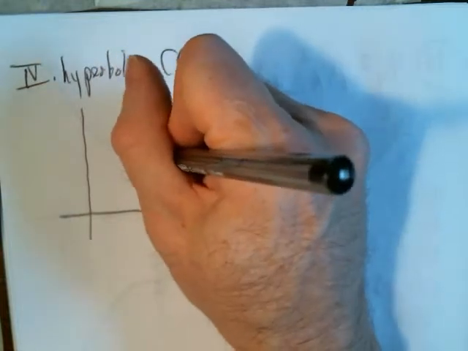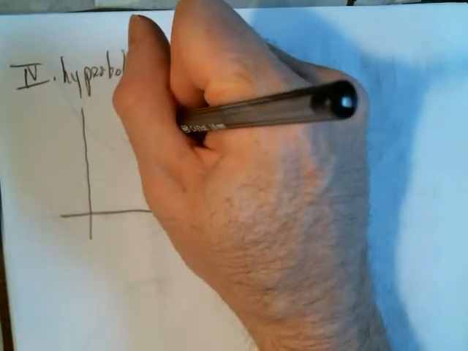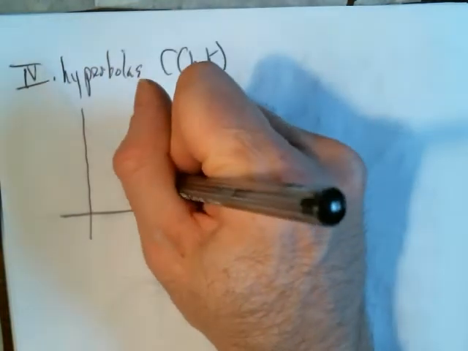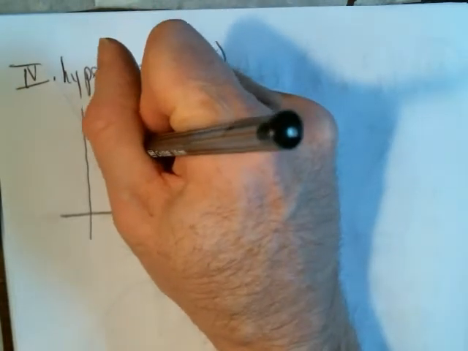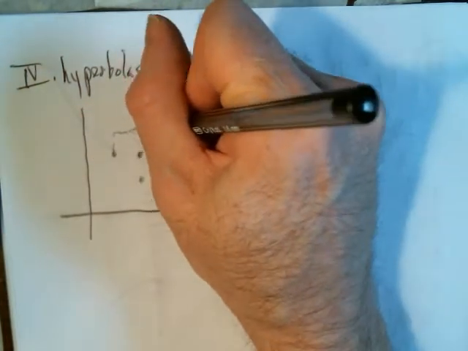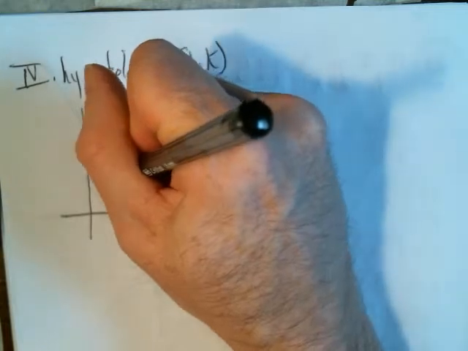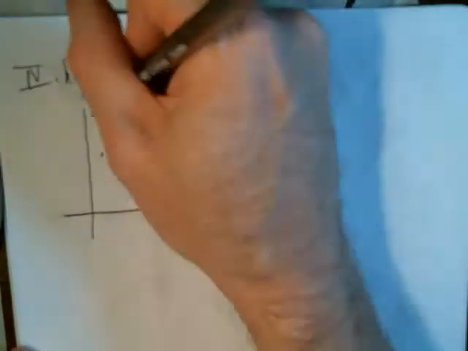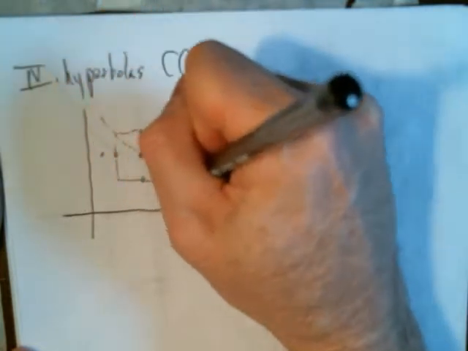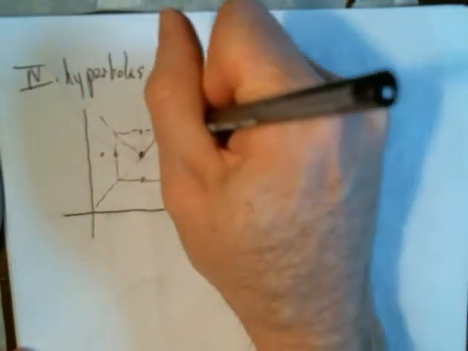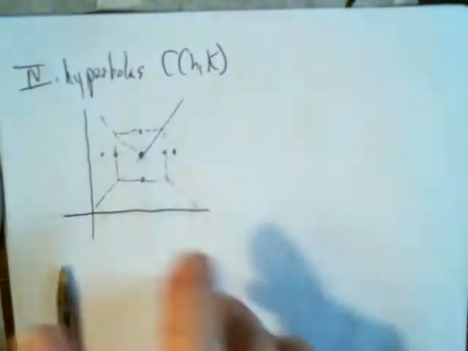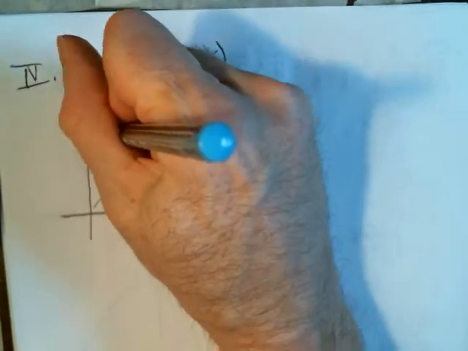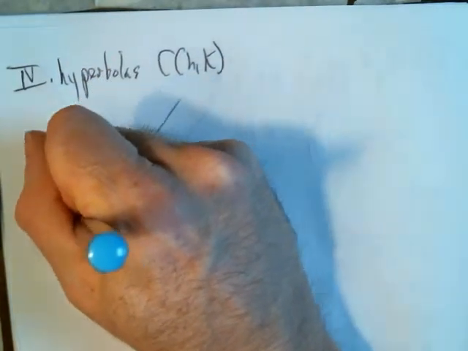So let's pretend our center is right here. And maybe our box is right here. And then our foci right there and there. And then we have our asymptotes there and there. And then our branches, this.